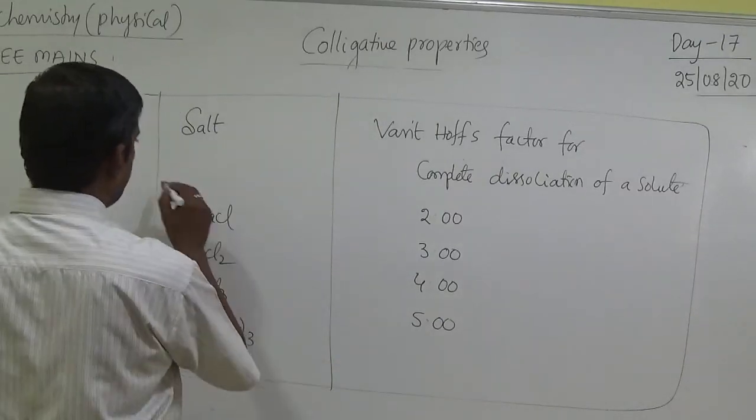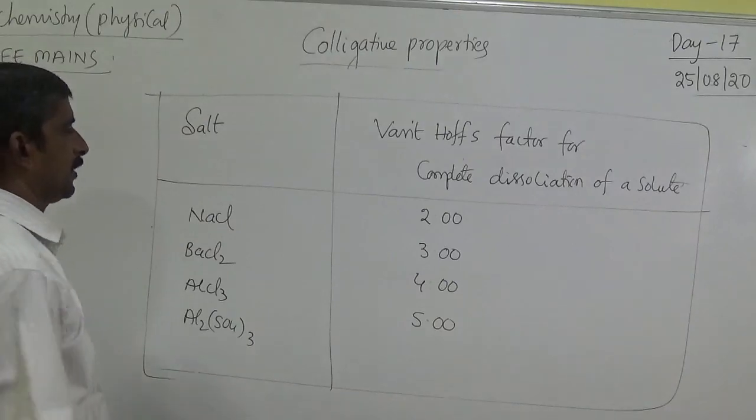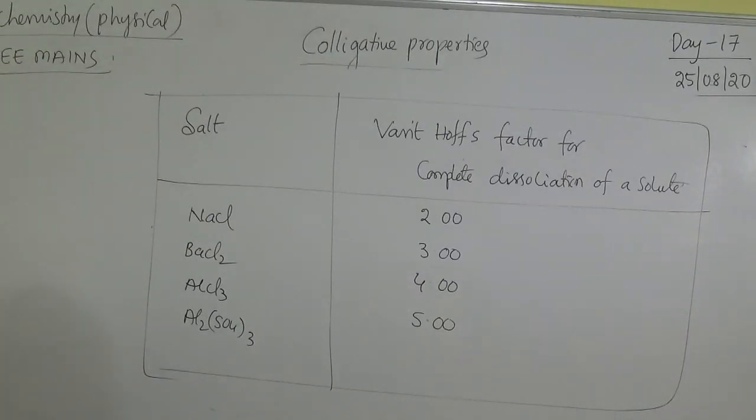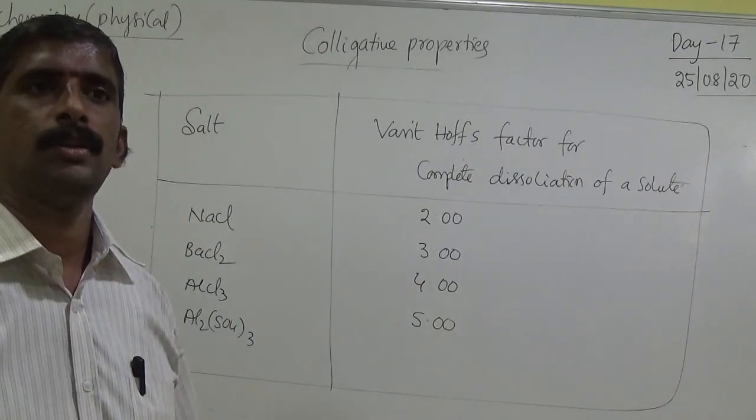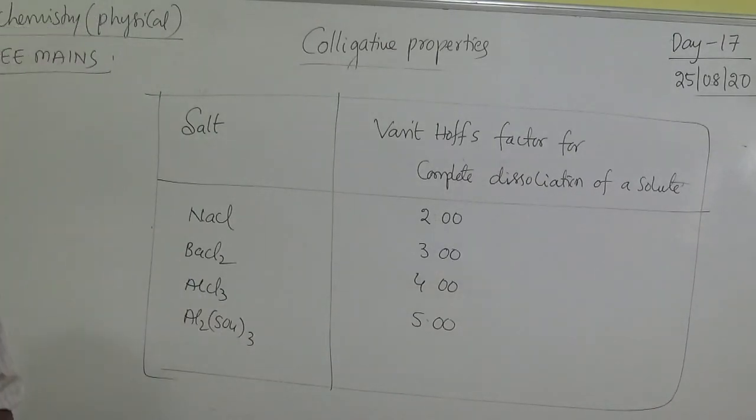Here salt like that. Generally NaCl particles 2. Aluminum chloride 4, and another one is aluminum sulfate 5, magnesium chloride 3, barium chloride also. So van't Hoff factor for complete dissociation of a solute.